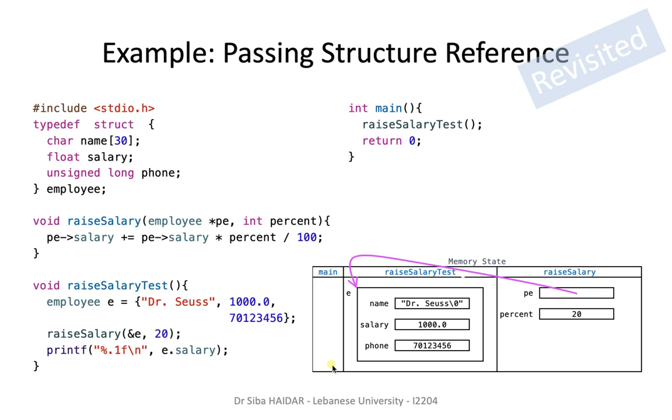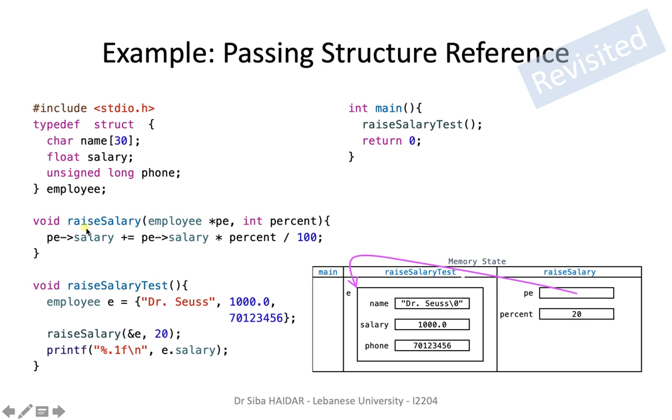Again, we can use the pointer to the structures in order, for example, to make changes happen on the original variable e. Let's revisit the old example, but this time we will call it not print raise salary, but raise salary, because it will indeed raise the salary, because we will pass a pointer to the employee and not a copy of the employee.